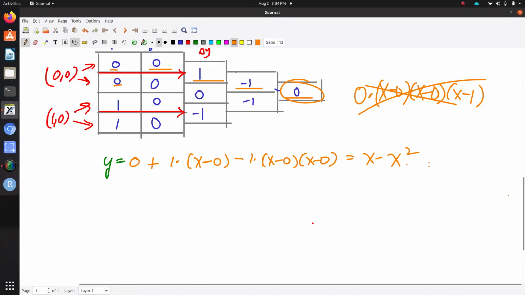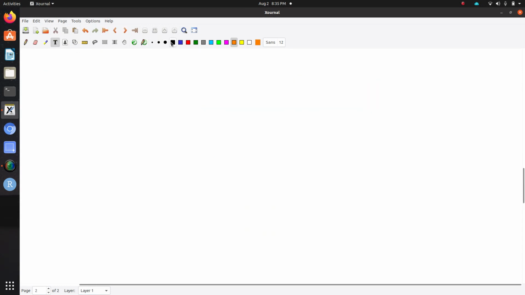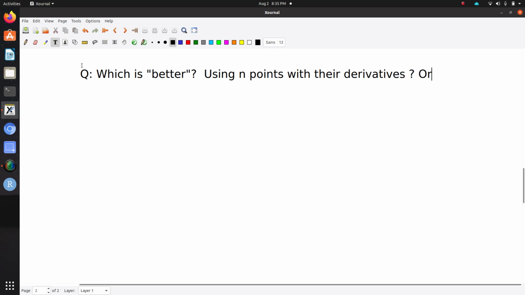So which should be better? What do you think? Using 4 points or using 2 points with their derivatives? So this is a question for you. Question, which is better, and what do you mean by better? Using n points with their derivatives, or just using 2n points?